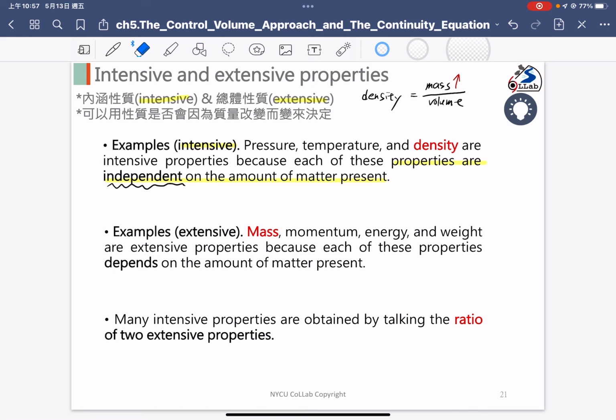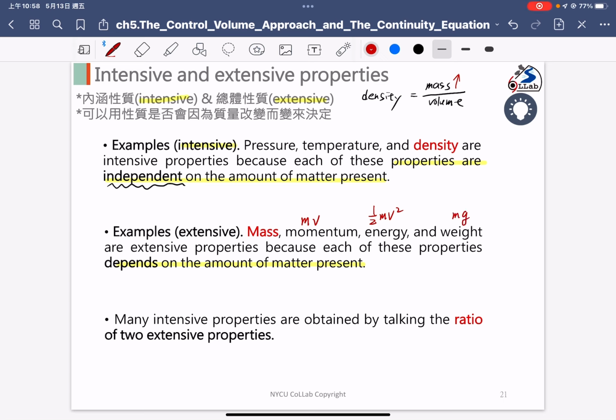Okay, in other words, the extensive properties depend on the amount of the matter present. As you can see, the mass, and what is the momentum? The momentum equals mv, right? And the energy is one half mv squared, right? And the weight is mg, right?